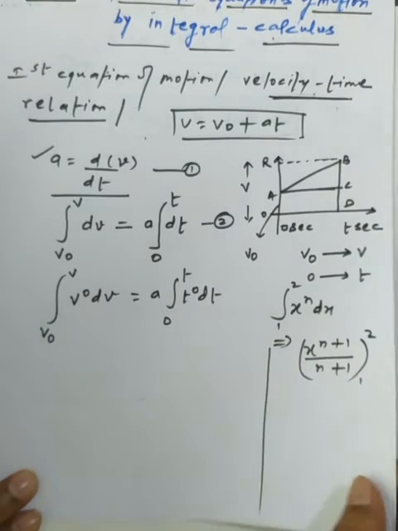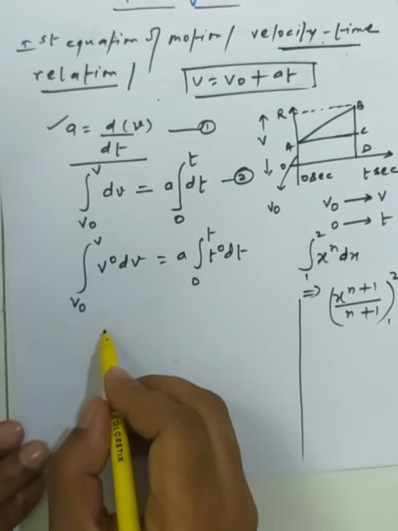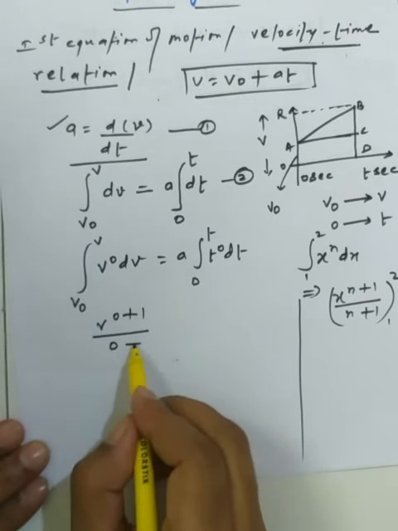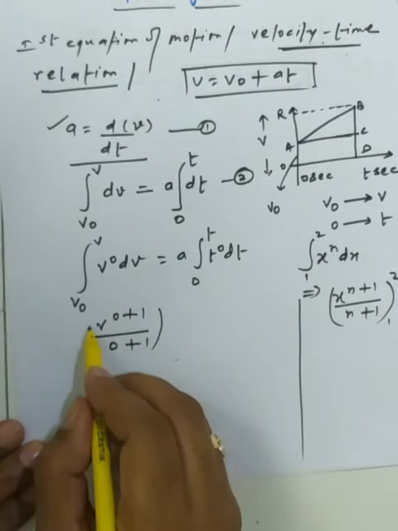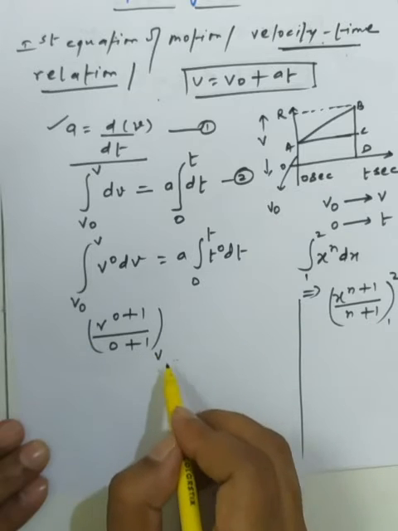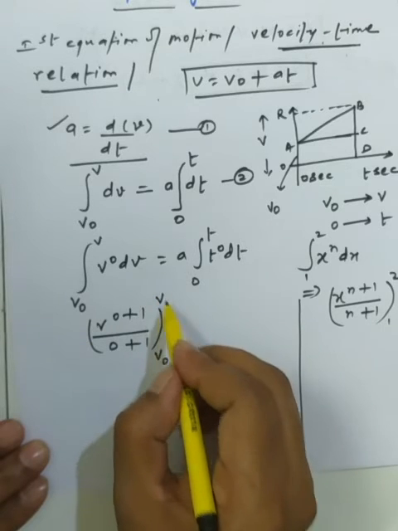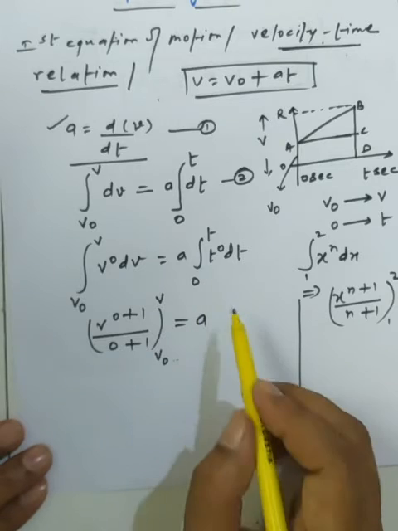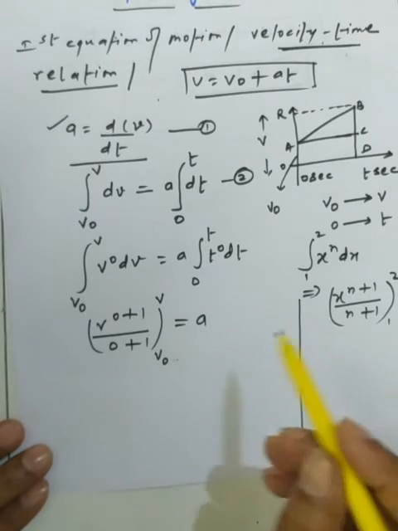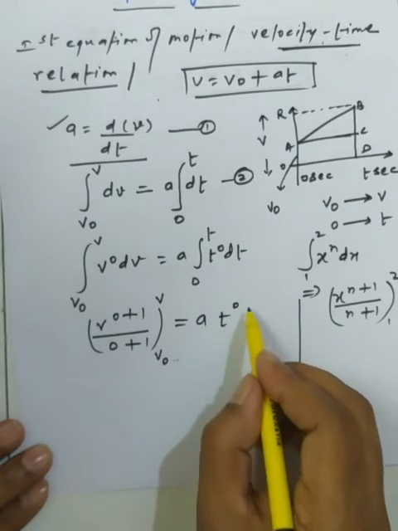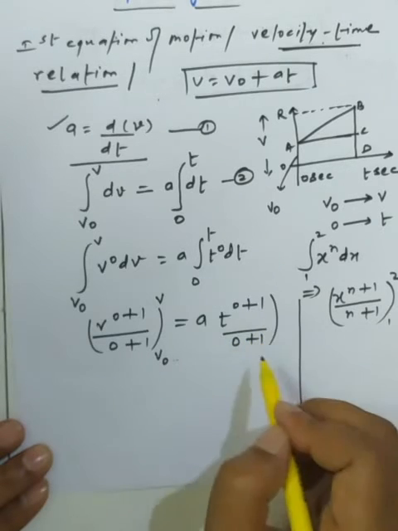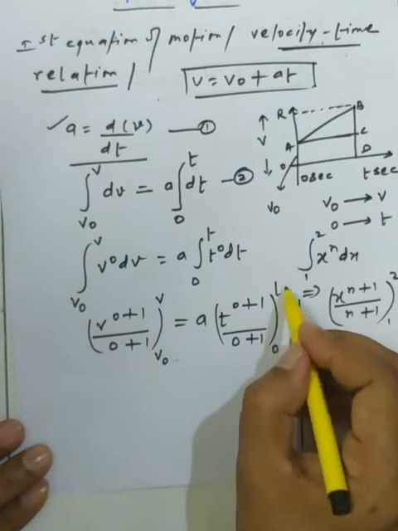Here I am doing the same thing. So it is v raised to 0 plus 1 divided by 0 plus 1, and the limit is v naught to v. Here we can also integrate on t, because we have the relevant integral with respect to time. So I write t raised to 0 plus 1 divided by 0 plus 1, and the limit is 0 to t.